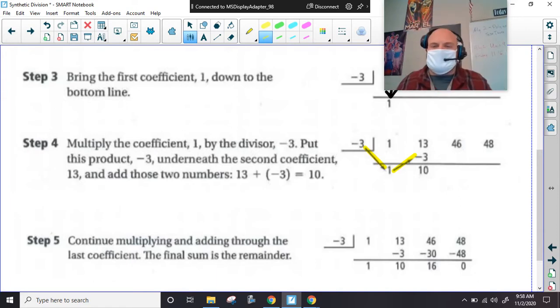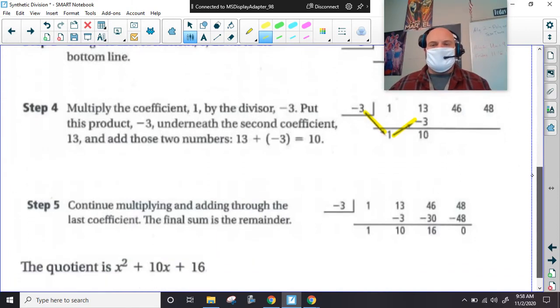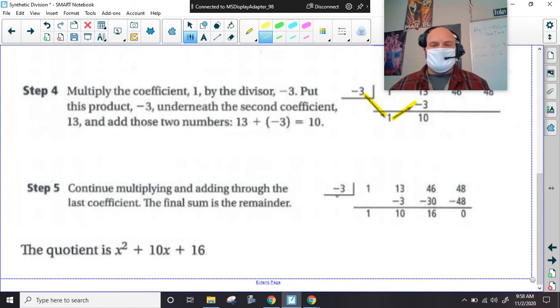Well, 13 minus 3 is 10. Okay. So now from here, we would say -3 times 10 is -30. Get that? Simple. Go down. And then we do it again for -3 times 16 and so on.